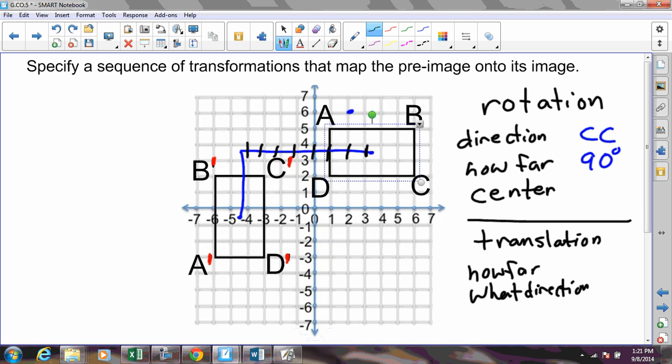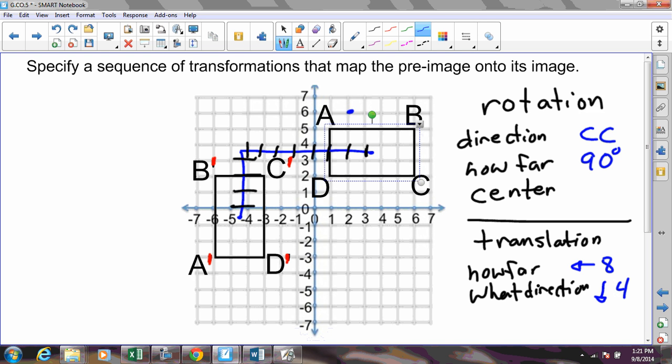That tells me I'm going 8 to the left. Okay, so left 8. And then we're going down half, 1, 2, 3, plus another half. That's a total of 4. So we're saying down 4.